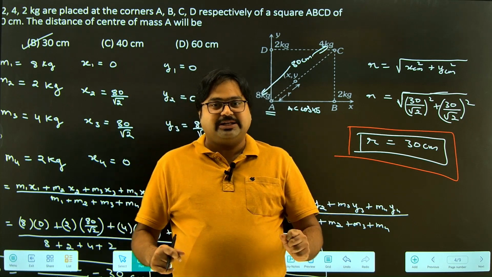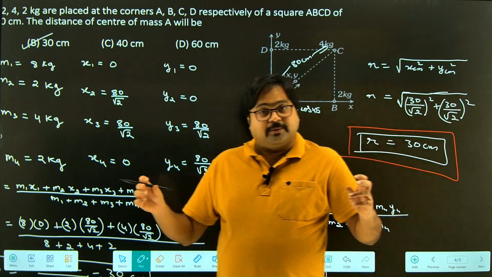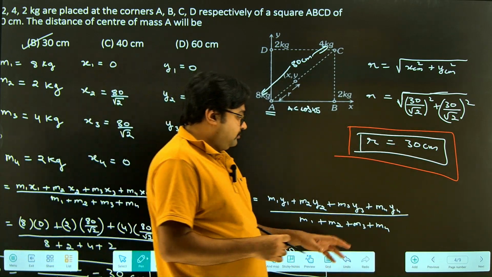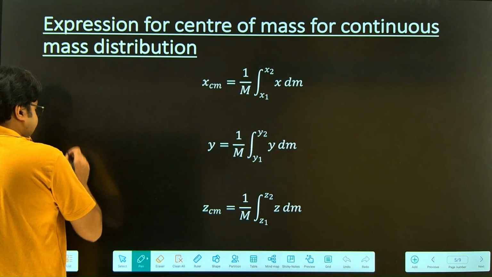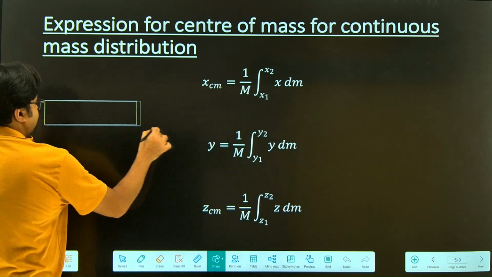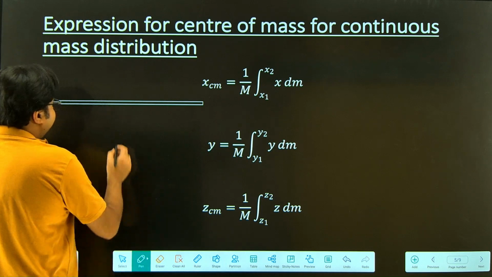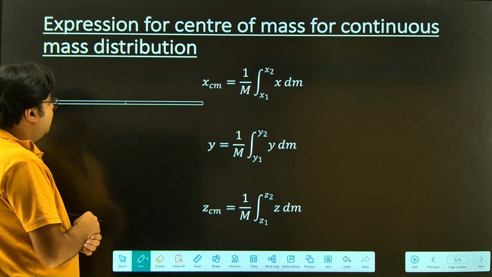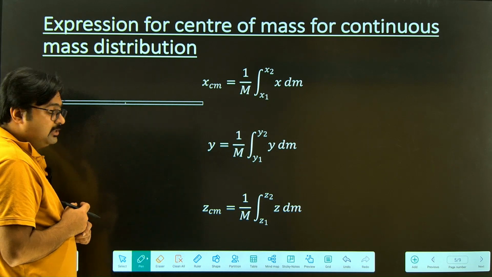It's quite simple to imagine, because let's say you have a uniform rod, something of this sort. You can say that the center of mass of this uniform rod lies exactly at the center of the rod.